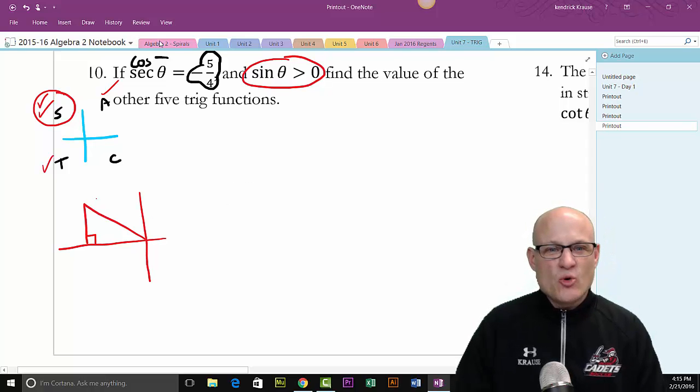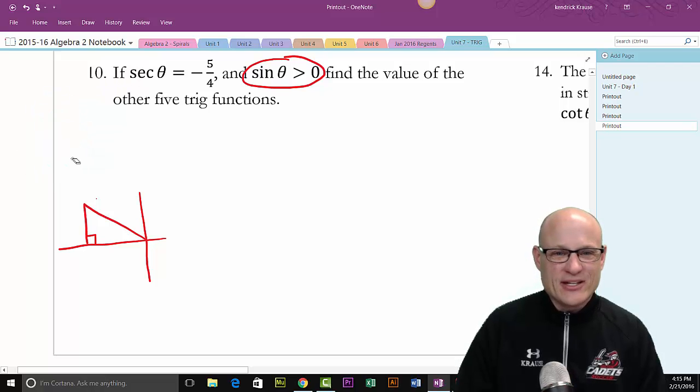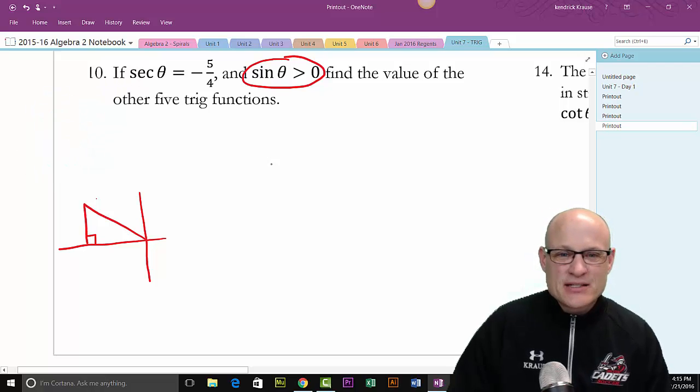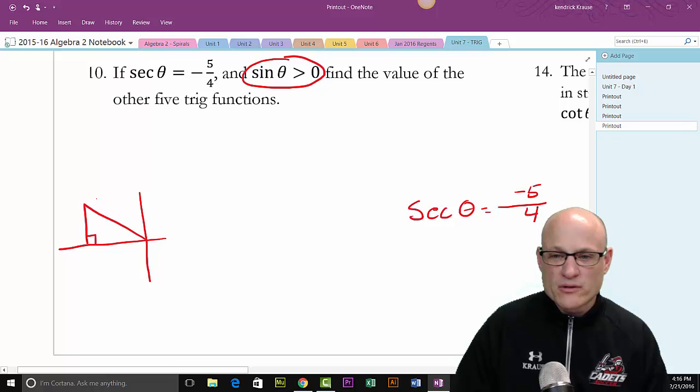Now, the only real piece of information I was given was that secant theta is equal to -5/4.